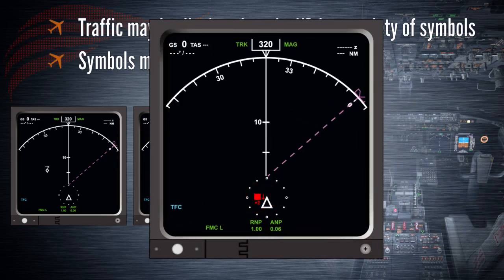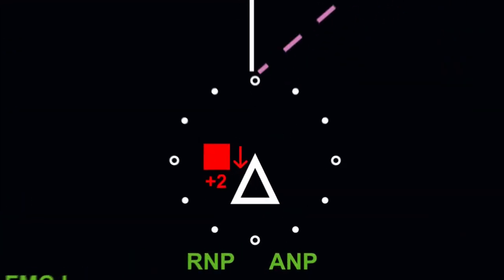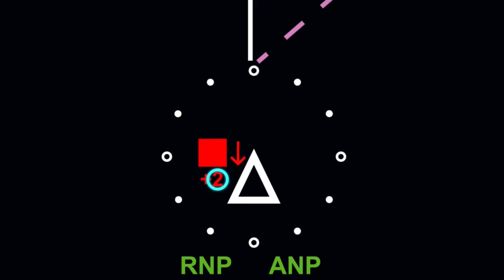The symbol may have an associated altitude tag attached to it, which displays the relative altitude to your aircraft in hundreds of feet, whether the aircraft is above or below you, and whether the aircraft is climbing, flying level, or descending.